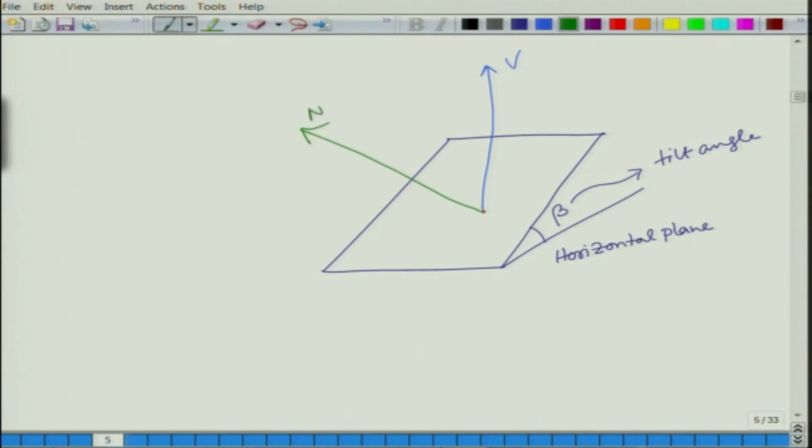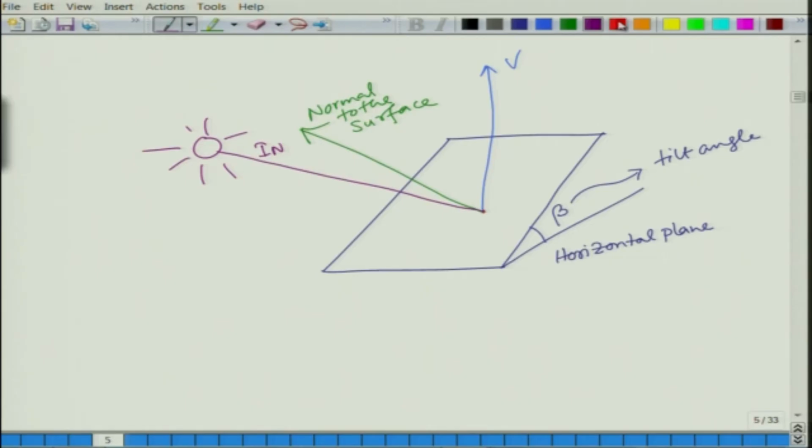This is normal to the surface. So, this is the surface normal vector, and we can also draw the direction of sun ray. So, let us say this is the direction of sun ray, here we have the apparent location of the sun.